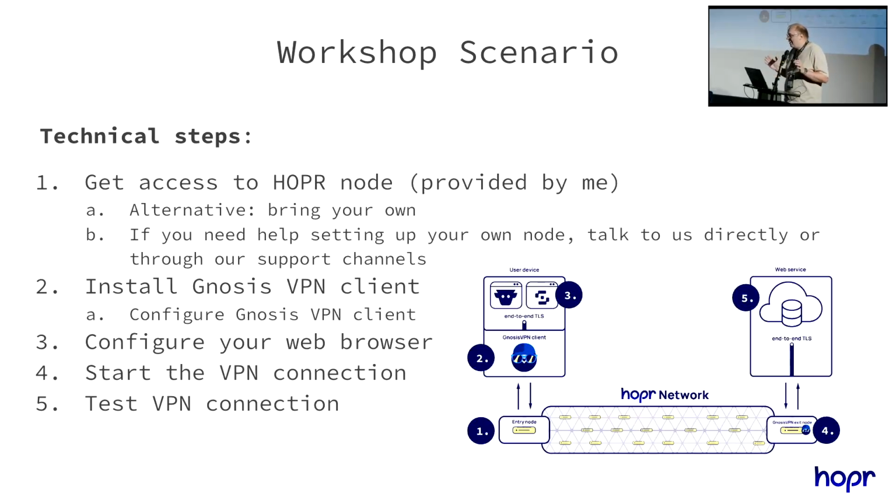But only for the traffic you choose to run over it. Step number four is starting the connection. So starting the connection means the entry node is able to connect to the exit node, and we are able to create a secure connection over that line. And then we're going to test the connection and access some websites.